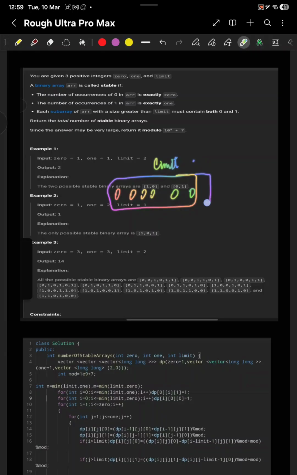But if we added another 0, this would be invalid, because a window of size limit plus 1 would violate the condition of the question.